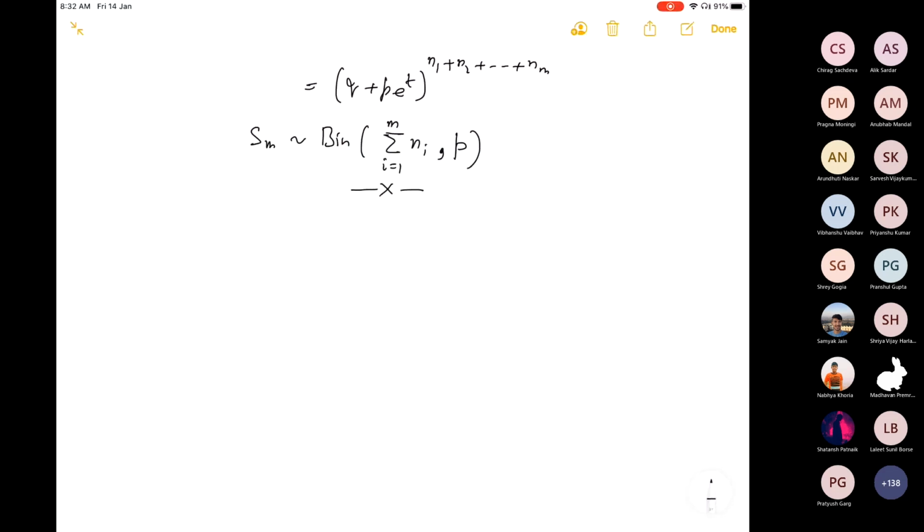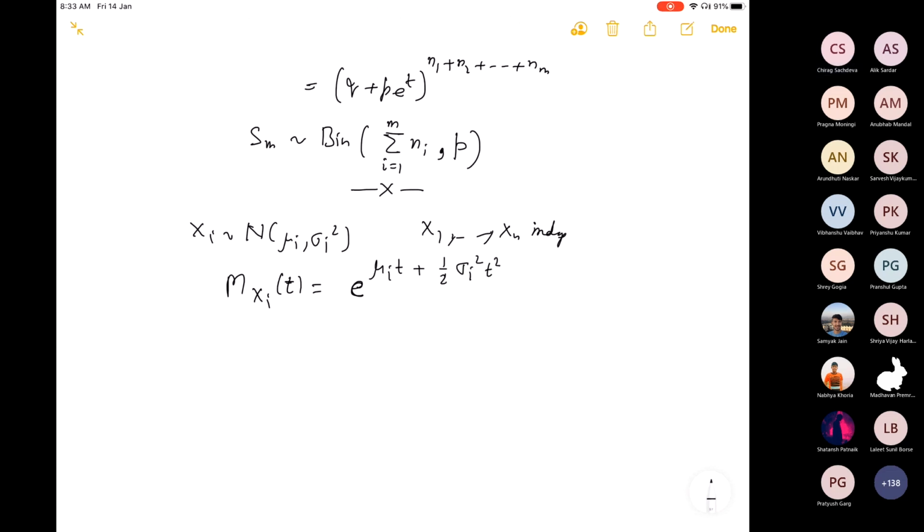Xi is normal, mu i comma sigma i square, and X1, X2, ..., Xn are independent. Then what is the moment generating function of the normal distribution? Anyone remembers from the previous classes? This will be e raised to power mu t plus half sigma square t square.